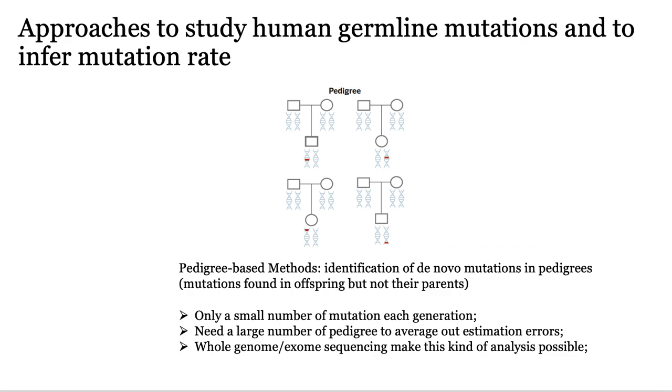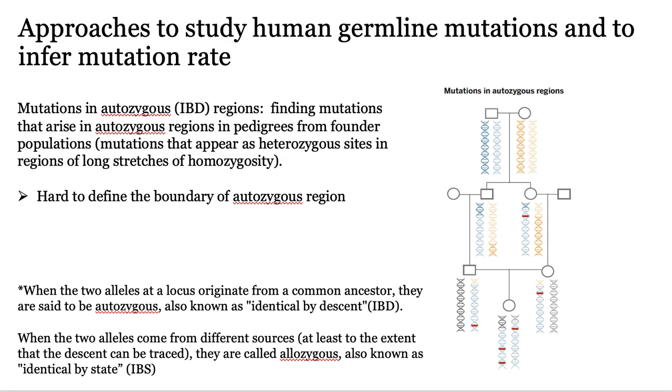The other design is still pedigree based. It's not really pedigree. It's actually you use genomes from individuals that are relatively close. So for example, these two parents give rise to these two children, and look at these two blue chromosomes.